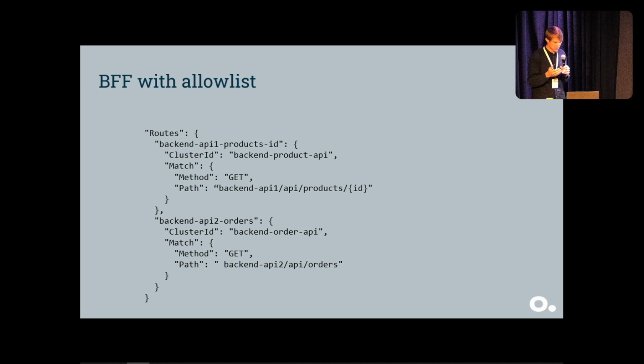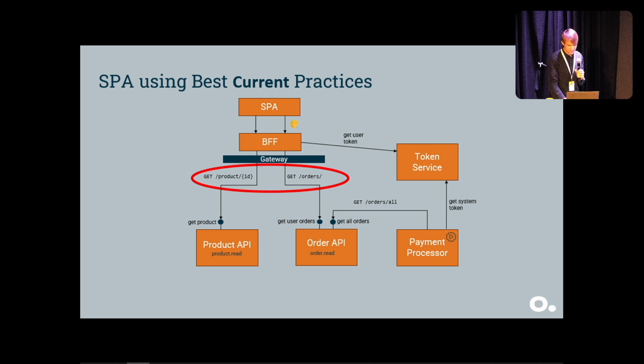But from the previous slide, we should apply defense in depth and security in multiple layers. We shouldn't just rely on the routing here. It could be easily misconfigured, right? So of course, we should also handle the API authorization. So if we apply this whitelist, the routing is resolved, so no stars there anymore.